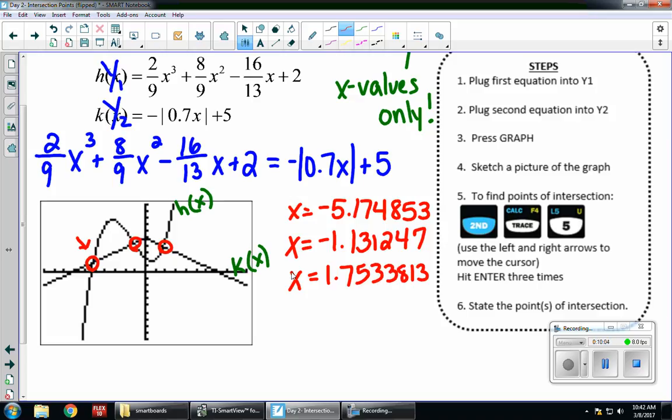Okay, so I am going to round to the nearest hundredth because that's what the question asked for, 2 decimal places. So my answers are going to be negative 5.17, negative 1.13, and 1.75. You can put them in those curly brackets if you want, or you can just put x equals, put a box around them, anything like that.